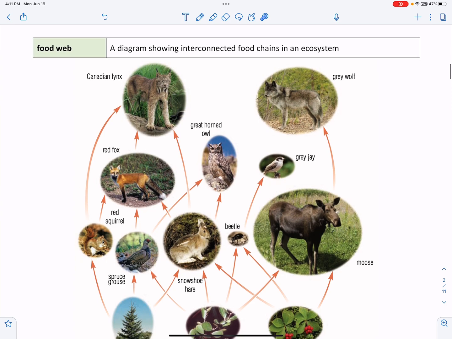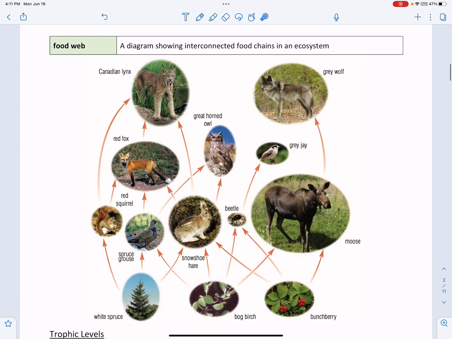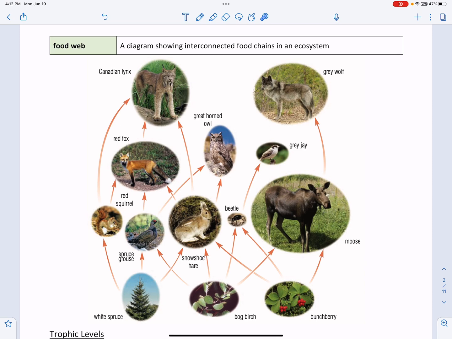A food web is a diagram showing interconnected food chains in an entire ecosystem. So let's take a look at an ecosystem that contains the white spruce, the bog birch, and the bunchberry as plants. These plants are eaten by squirrels, grouse, snowshoe hare, beetles, and even moose. These are the primary consumers, or the primary producers rather.